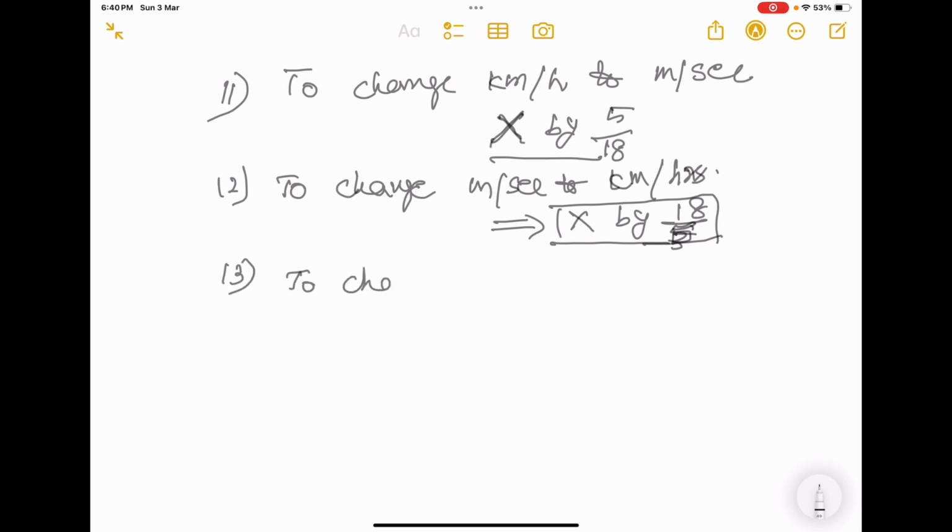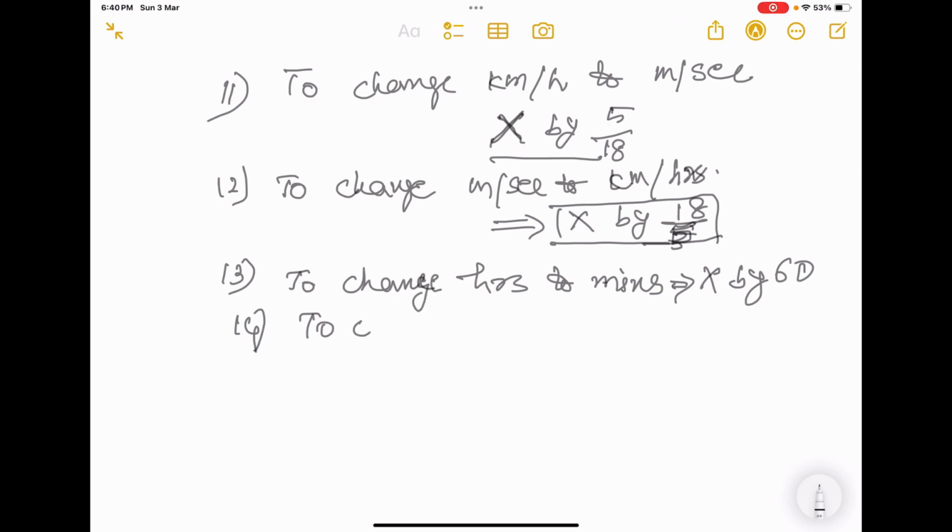To change hours to minutes, multiply by 60. To change minutes to hours, divide by 60.